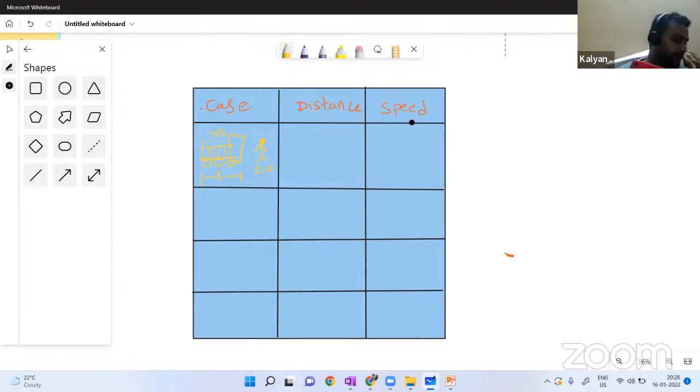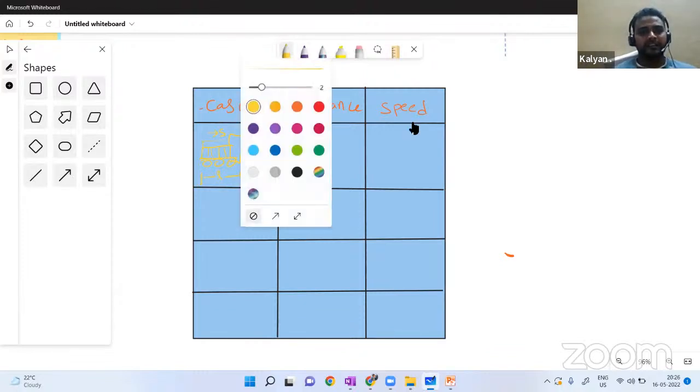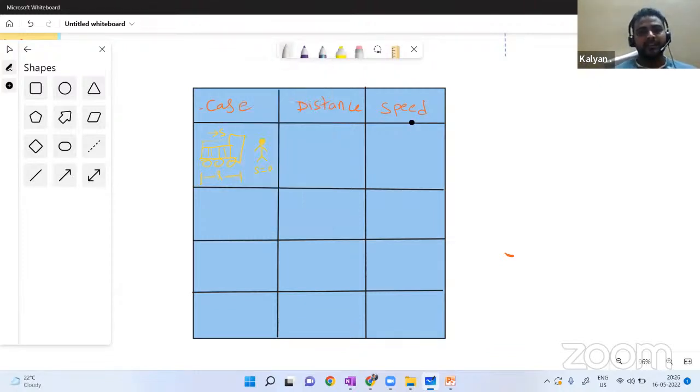It may be kilometer per hour or meter per second, we are not bothering. In this case, the distance traveled by the train is, I already explained, indirectly the length of the train itself. So in place of distance, we have to consider the length of the train directly.